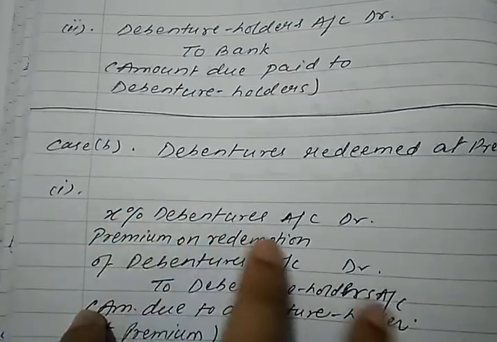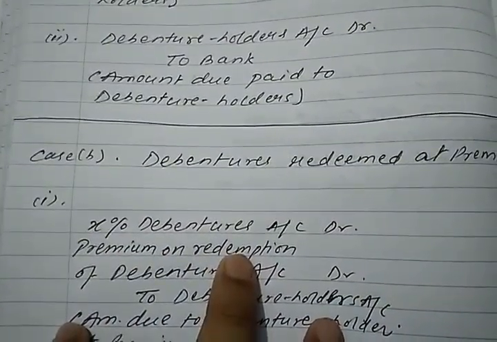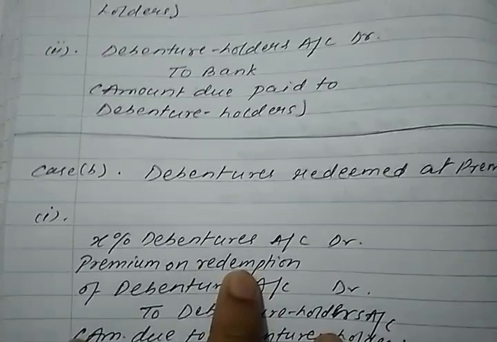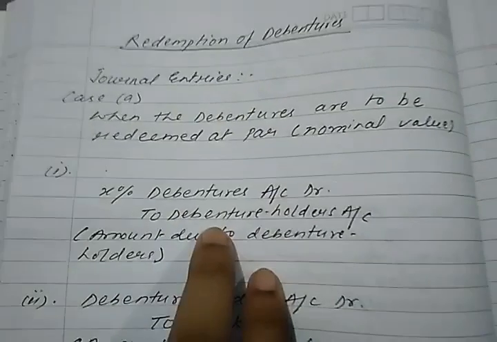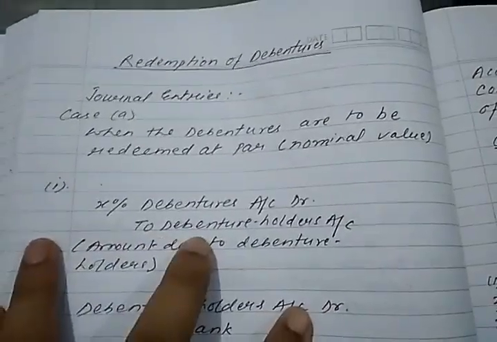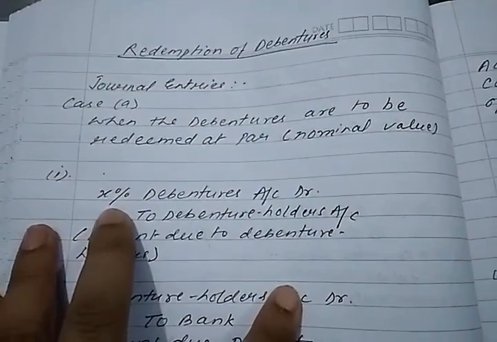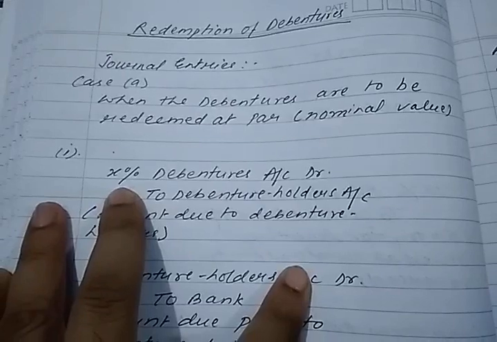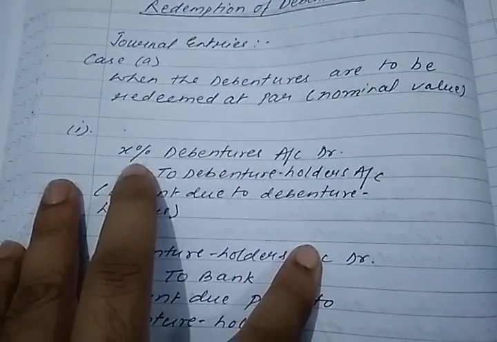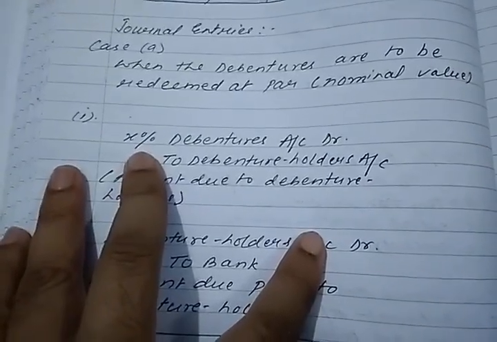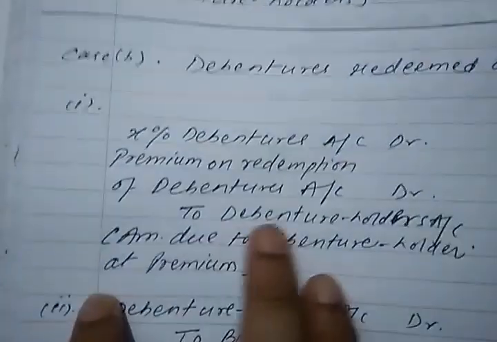Only this point is added in the first journal entry related to case A, case first. See here, in case A, the journal entry was X% debentures account debit to debenture holders. Only I have added one additional point, that is premium on redemption of debentures on the debit side, and nothing else changes, as you can see in the second case.